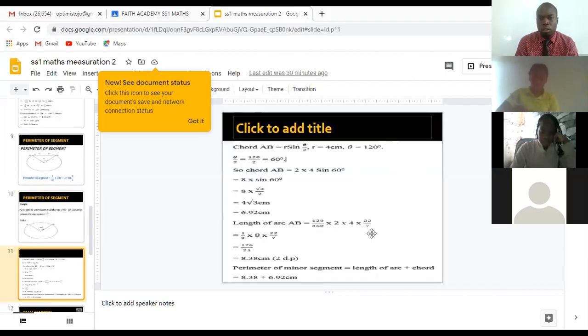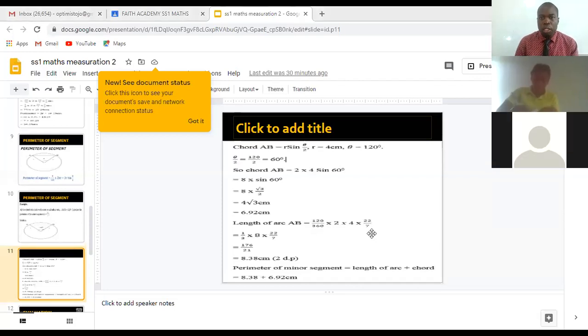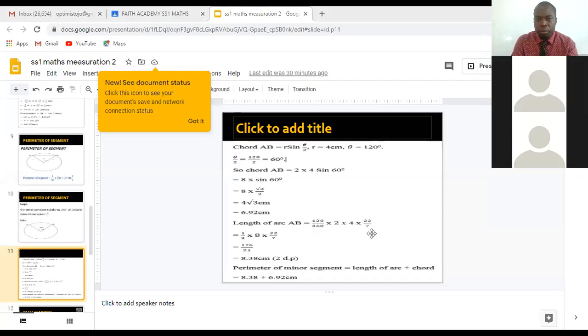Is that correct? Yes, sir, it's correct. So your length of an arc would be 120 over 360 times 2 times 22 over 7 times 4. Somebody may be asking, how did we get 2r sine theta over 2?